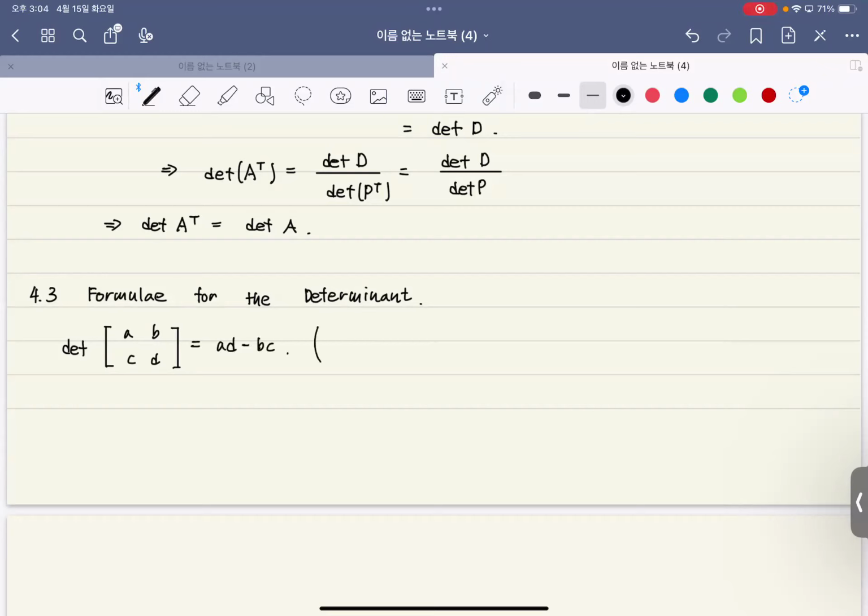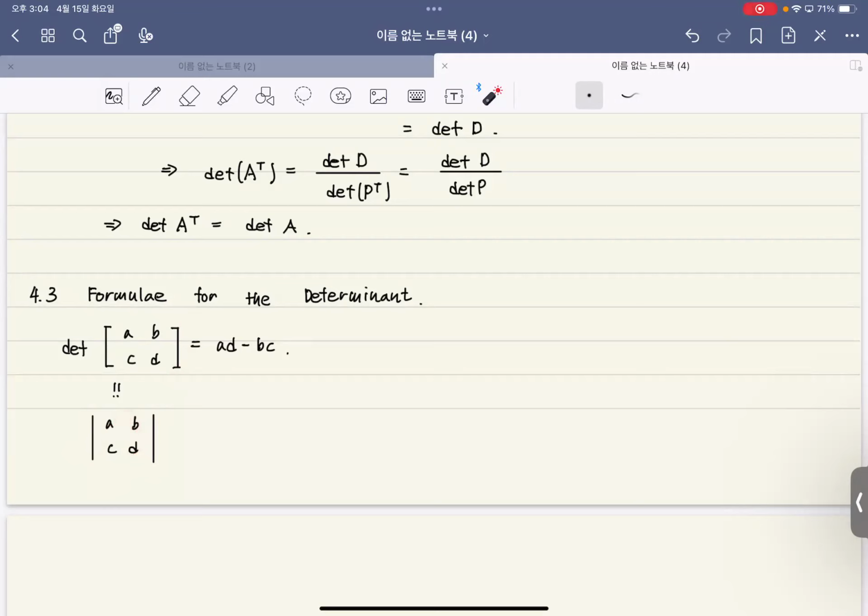Sometimes this is denoted by A, B, C, D. If there are brackets around these numbers, then usually it refers to the matrix. But if I draw a vertical line on each side, then you should consider this as the determinant of the matrix.